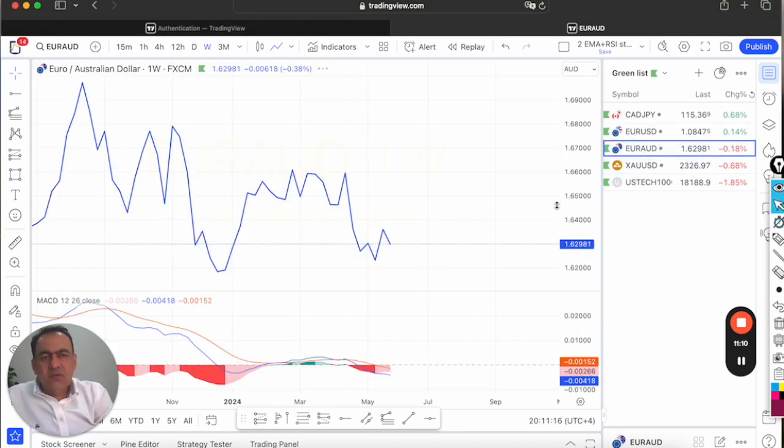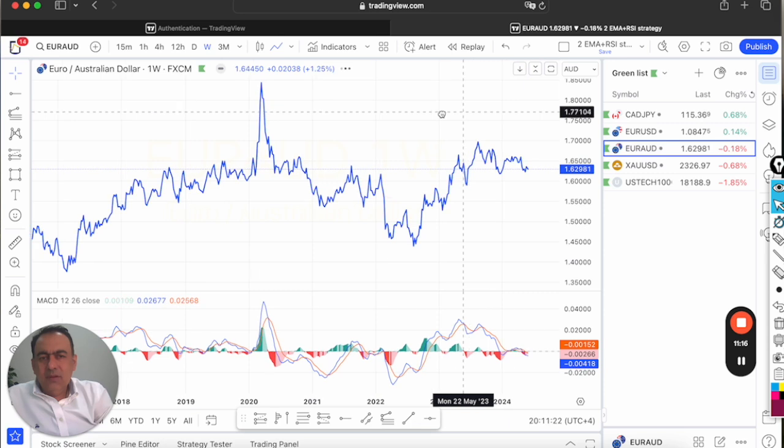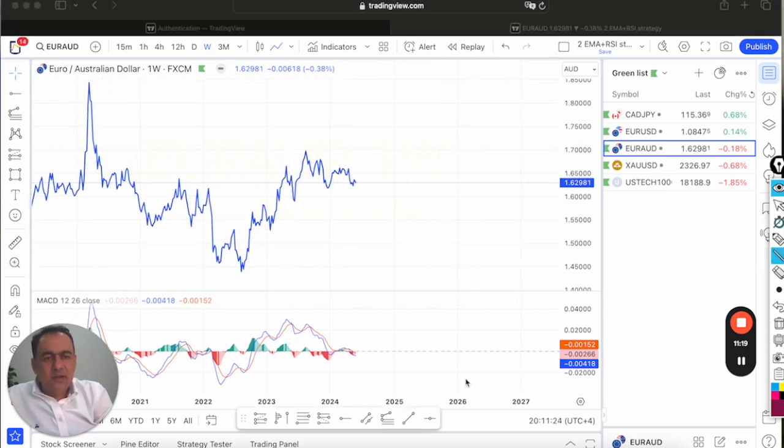The next currency pair is Euro versus Aussie, and it's definitely looking weaker here. Based on the latest cycle, here we got lower low formation with clear bullish divergence. Here we got higher high formation with clear bearish divergence. So it's pretty clear that this is the beginning of the bullish cycle and this is the end of the bullish cycle.